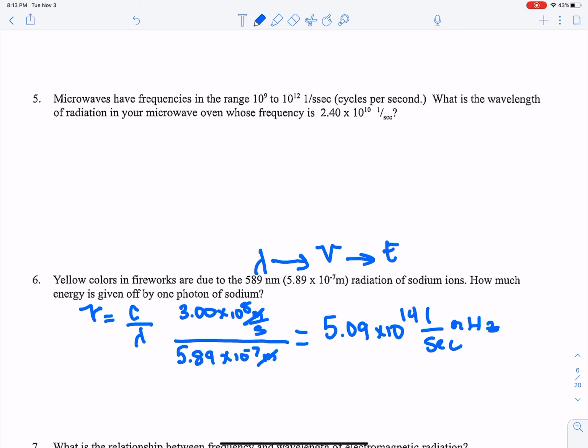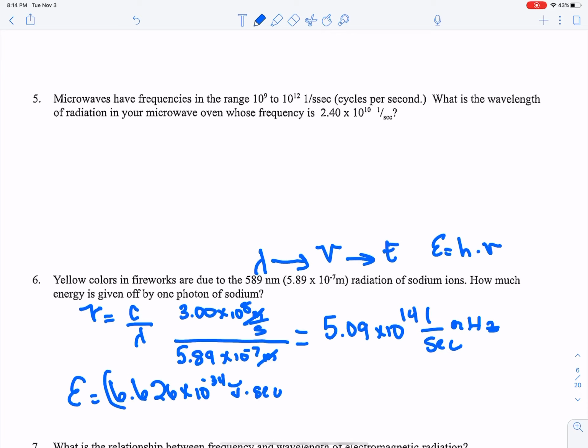So once I have frequency, now I can find energy because I can use the formula E is equal to h times nu. So E is energy, h is Planck's constant, 6.626 times 10 to the negative 34 joules times a second, times 5.09 times 10 to the 14, 1 over a second.